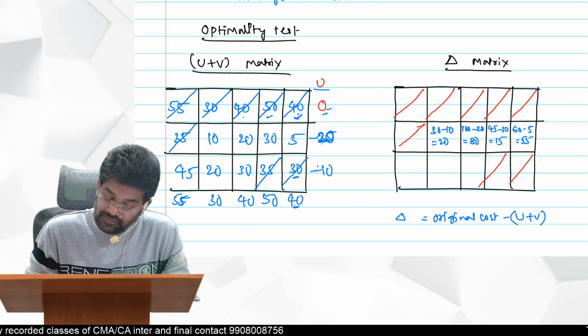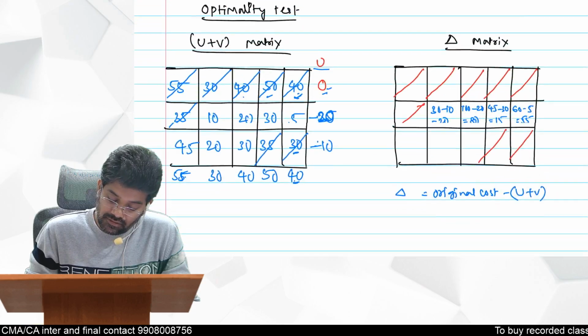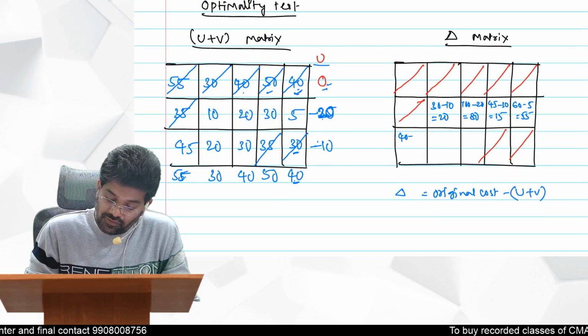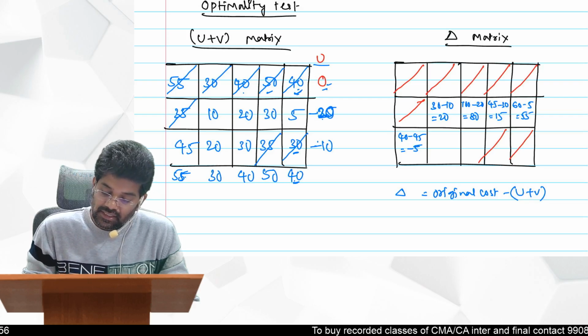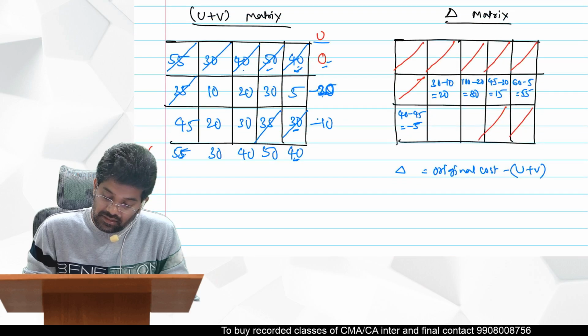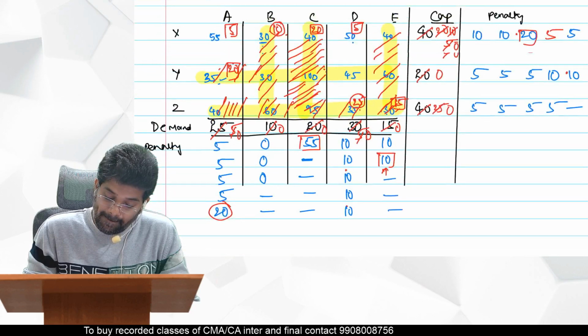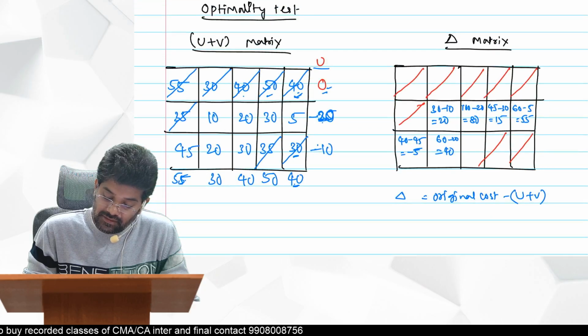Next here 40. 40 minus 45, we got negative 5. Yes, negative you got. Next, original 60. 60 minus 20, you got 40. 95. 95 minus 30 is 65.